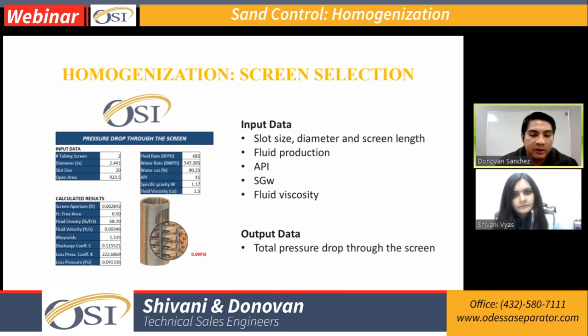But let's say you're in North Dakota or Canada, then you're going to start getting different APIs. That's when it becomes more of a factor to include this, along with our fluid viscosity. And then our output data will give us our total pressure drop through the screen right here, 0.09 PSI. We're trying to keep this as close as possible to zero. As you can see, 0.09, we're doing pretty good. We're not creating any extra problems.